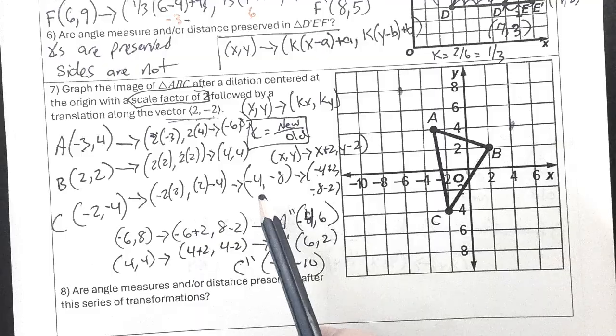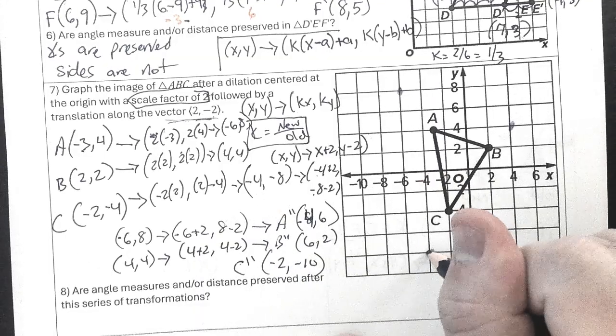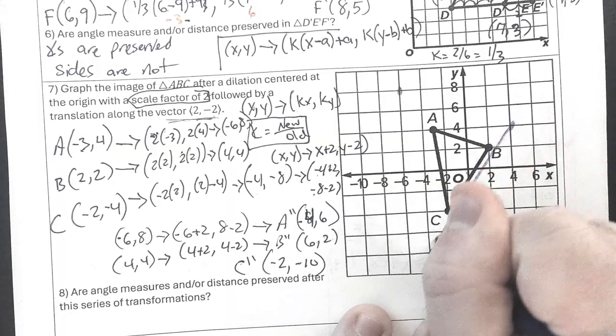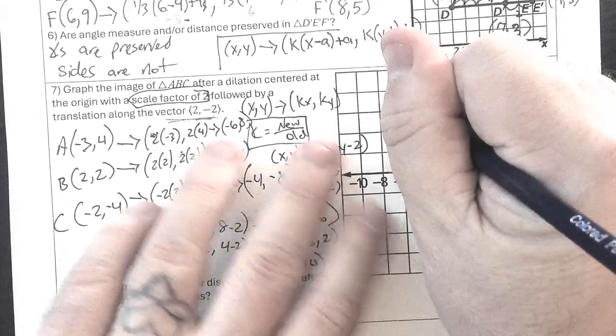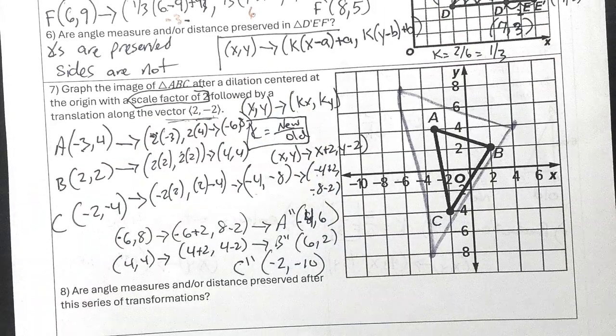Negative 4, negative 8. Perfect. I forgot my straight edge. Okay, so you see it blew up.